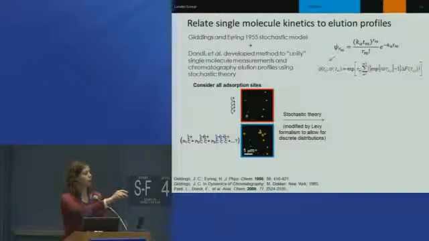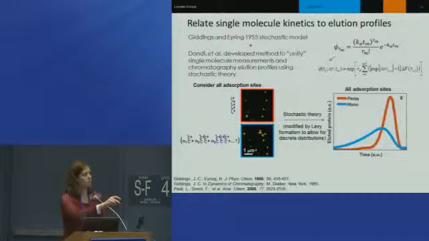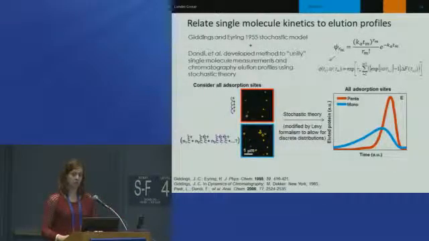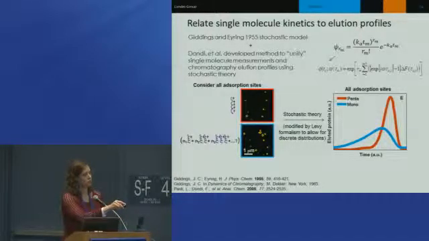Then we can say, considering all the different adsorption events and kinetics that happen on this sample and all the different adsorption events and kinetics that happen on this sample, if we combine those all via the theory, we can predict the elution profiles that will result from intentionally clustering the peptides, and letting the peptides accidentally cluster by simply increasing the loading density of the peptides, to confirm here, at least via simulations, that controlling the clustering can improve the separations efficiency here as much as 500% if you compare the relative plate heights here. But there's actually more to do.